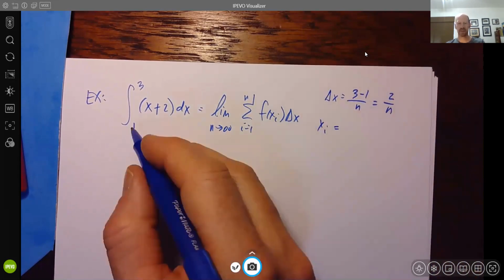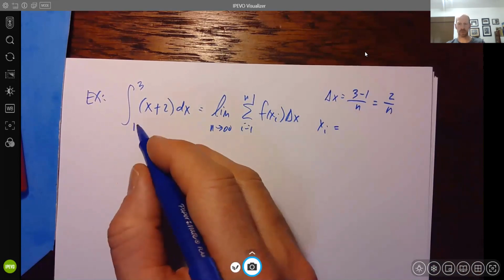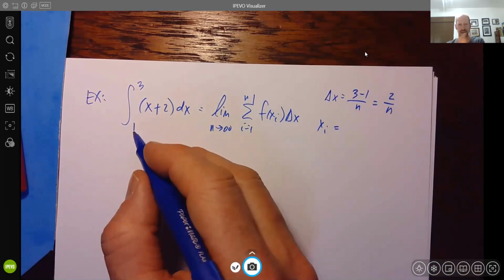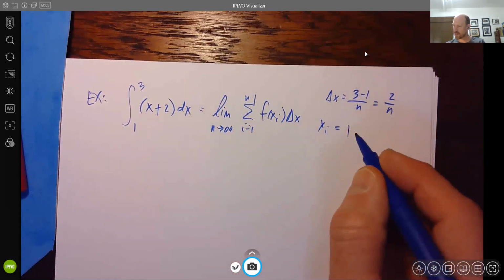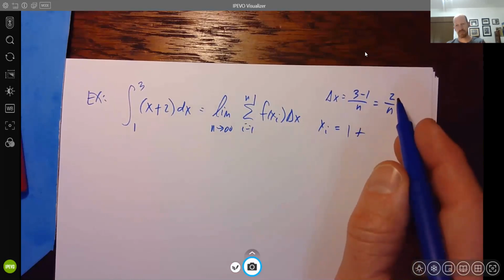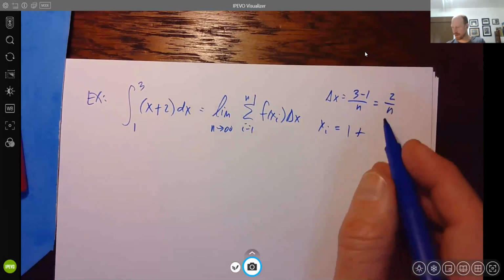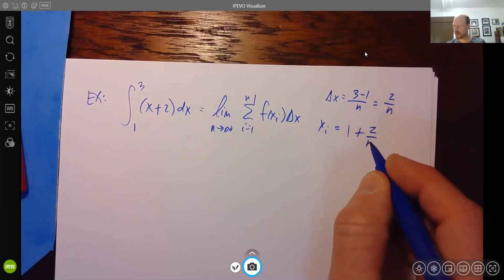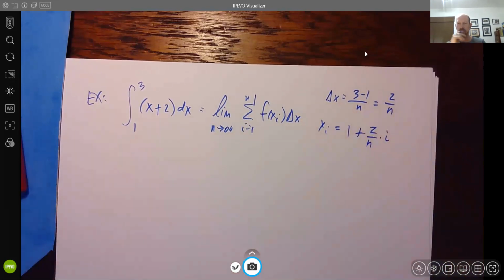And then x sub i starts with this lower bound where I want to start adding up the rectangles. That's 1. And then I move over each time, and how far I move over is the delta x. And then the i, right, when I'm at the 10th interval, I have moved over 10 2 over n's. So that's how that keeps track of where I am.